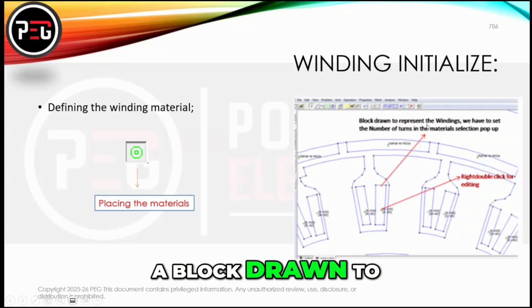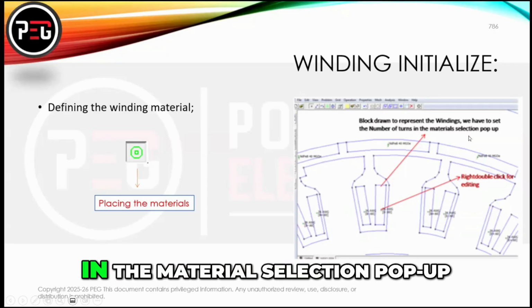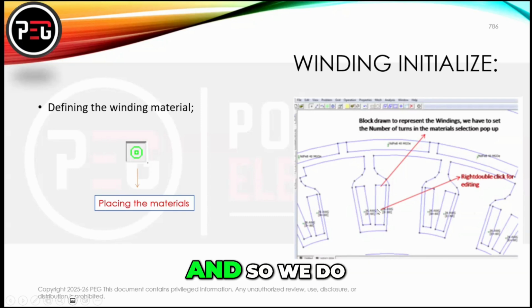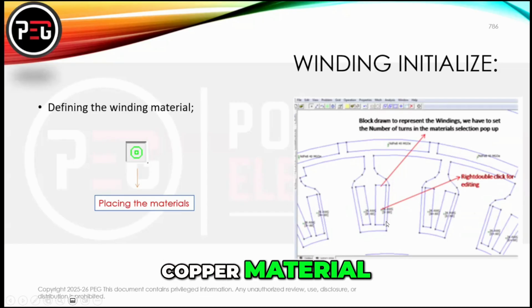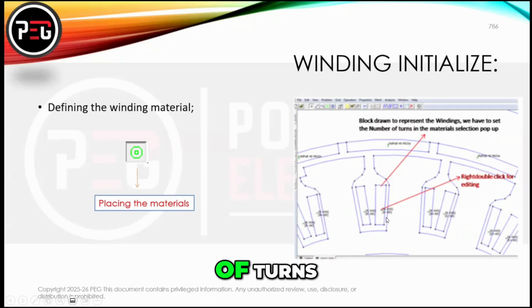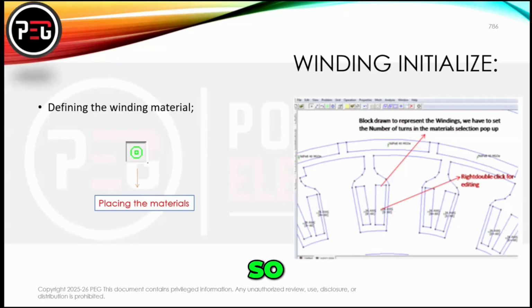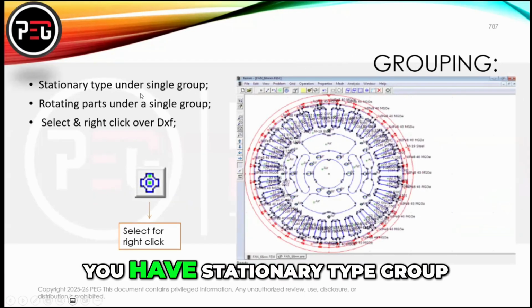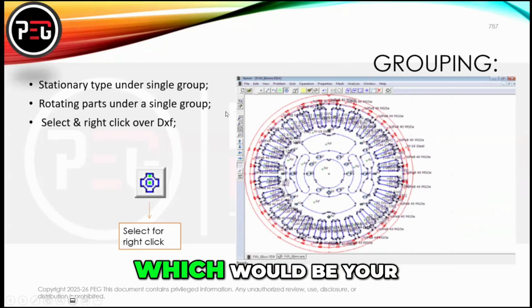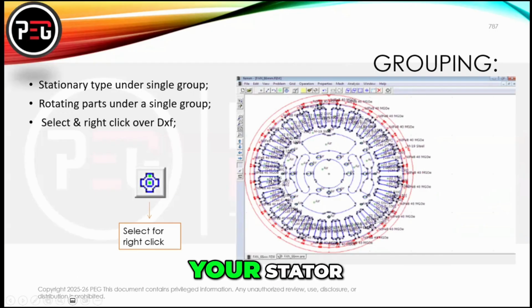For a block drawn to represent the windings, we have to set the number of turns in the material selection pop-up. We right click to edit it, and you can pick the material. This has to be copper material, a gauge of 26, number of turns, etc. The one we want to add. Then you have a stationary type group, which in this case would be your stator.